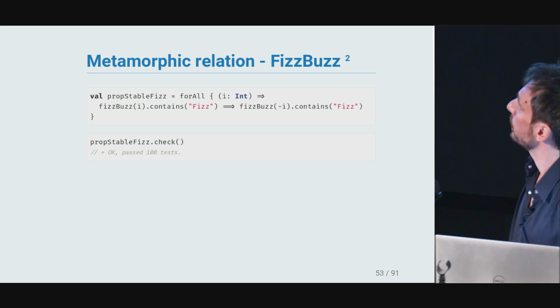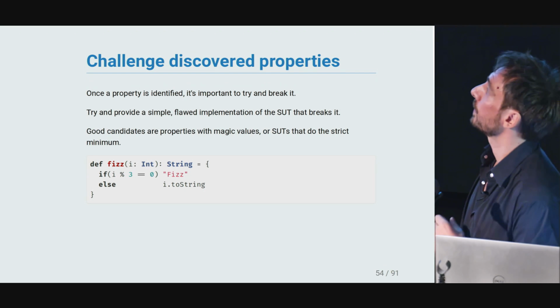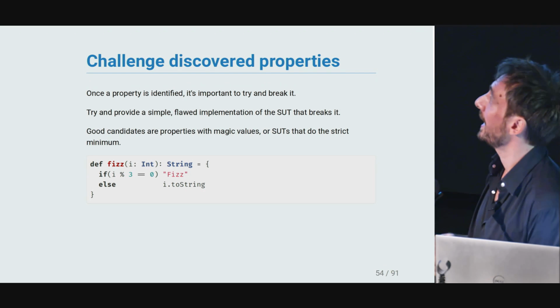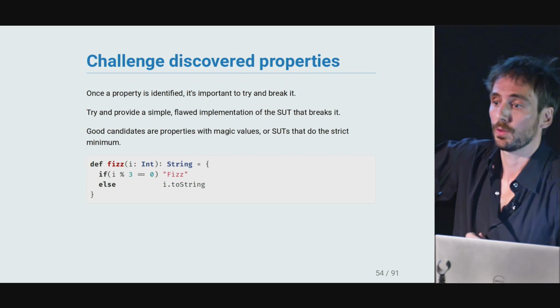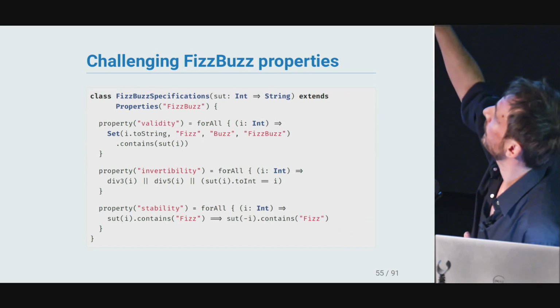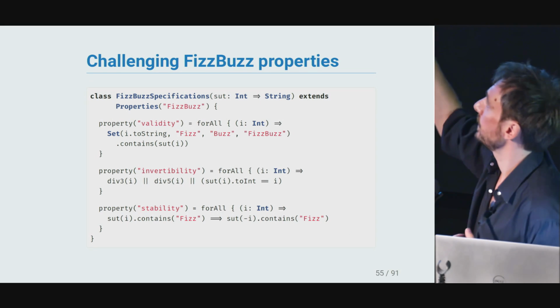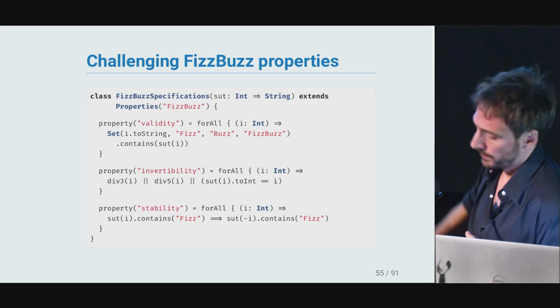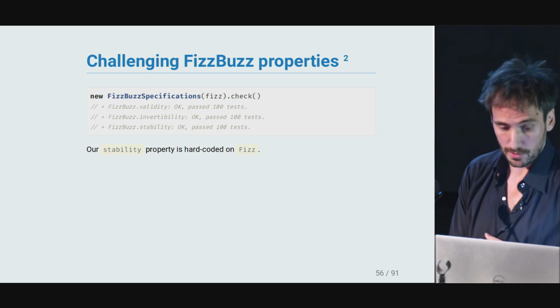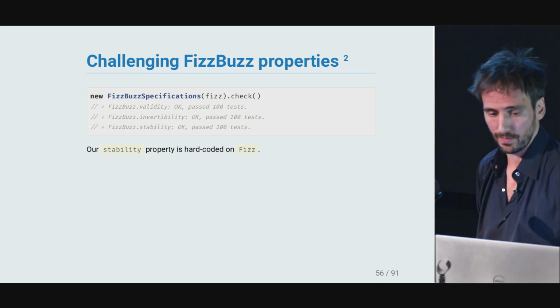So most likely, we can abuse that. If I provide the smallest, silliest implementation of FizzBuzz that I can, one that doesn't handle the buzz case, and I pass that through the properties we have defined before, validity, invertibility, and stability, we'll see that it actually passes all the properties, and it shouldn't, because the properties are supposed to be exhaustive.